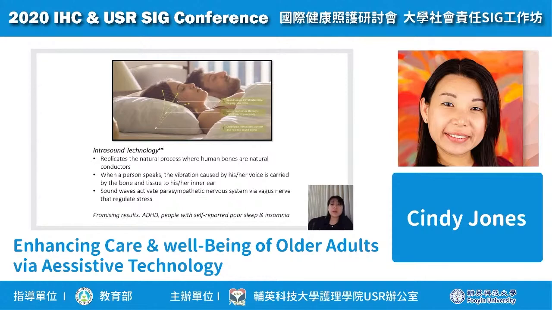Now, given the theoretical scientific foundation behind DreamPad, and given its preliminary research in the use of DreamPad for people with sleep disturbance, people with ADHD or insomnia seems to be quite promising, we decided to do a small study to examine the use of DreamPad to improve sleep, wandering, and agitation in people living with dementia in a nursing home.